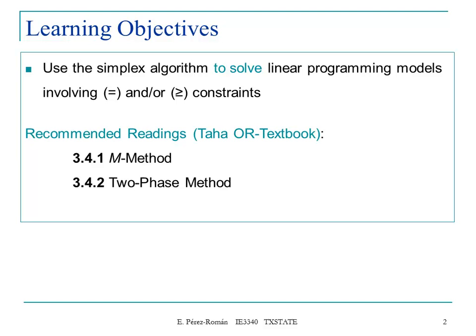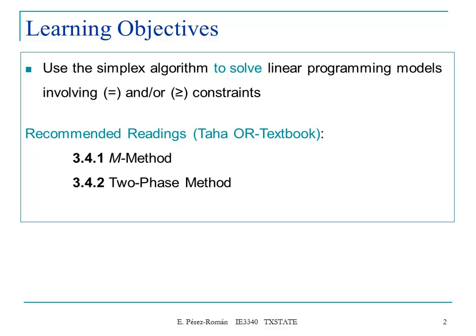When that happens, you only add a slack variable, you make those constraints equalities, and then you can easily apply the simplex method. But that will not work when you have constraints that are already equalities, or constraints that are greater-or-equal. And you will see why that is the case.